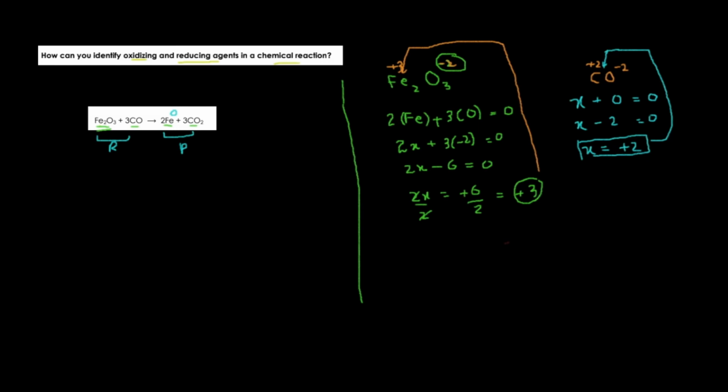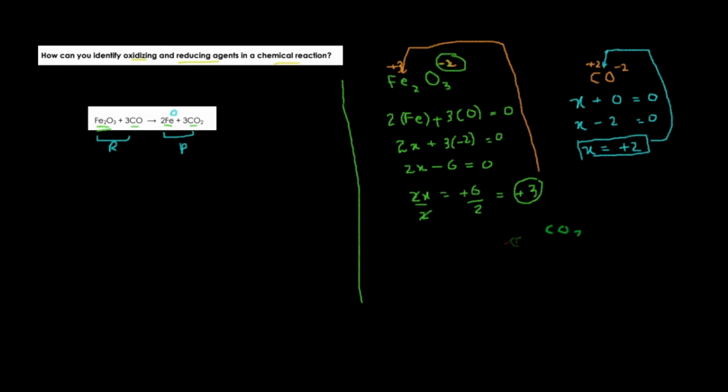dioxide. Carbon dioxide, as you can see, is composed of carbon that is bonded to two oxygen atoms. So we have carbon and oxygen.